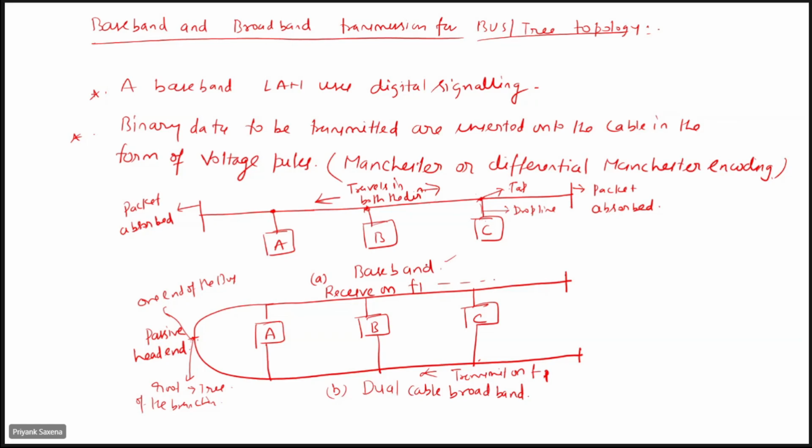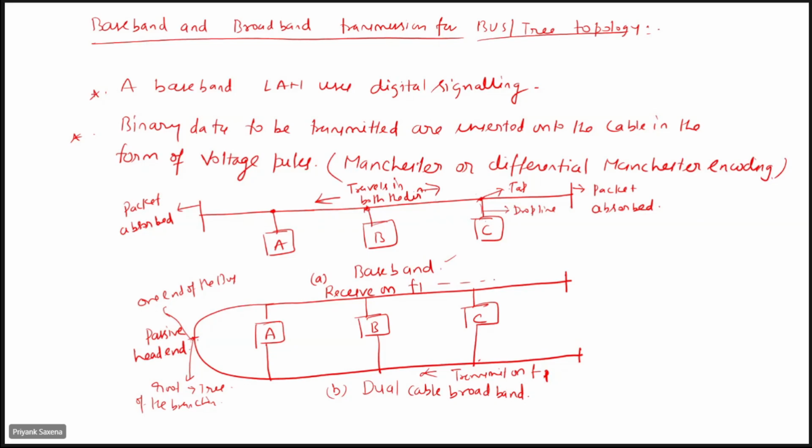When I talk about broadband, broadband is of two types. One is called dual cable broadband, because broadband is unidirectional, right? Since broadband is unidirectional, how can bidirectional data transfer be possible on a unidirectional broadband?